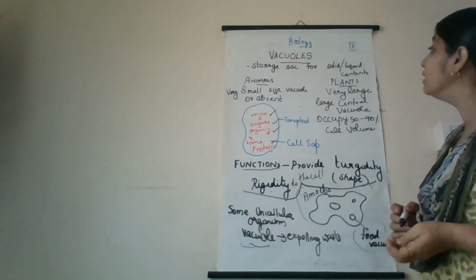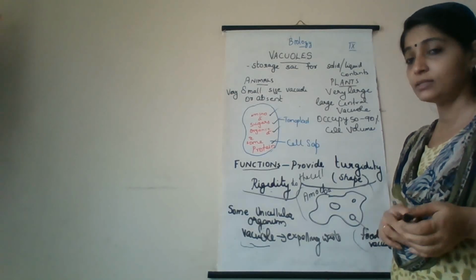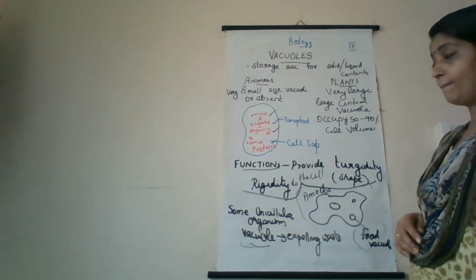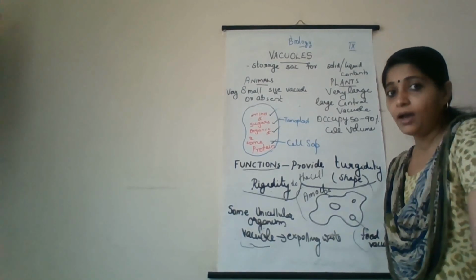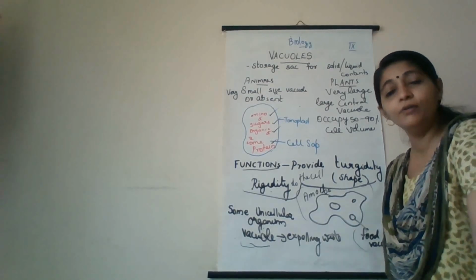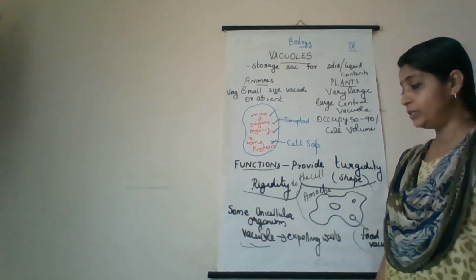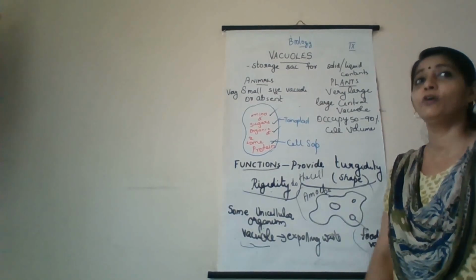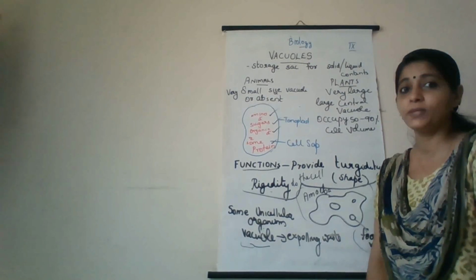So that's all about the organelles. We have completed all the organelles of the cell and their functions, and each organelle has a specific function. Because of these functions performed by the cell organelles, the cell has a definite role in the body.